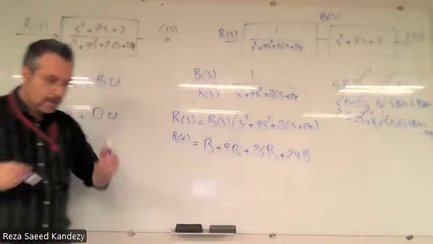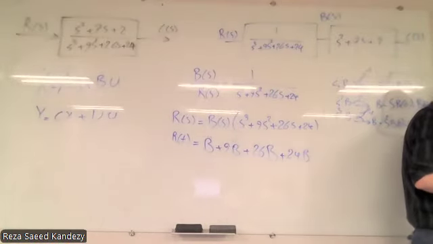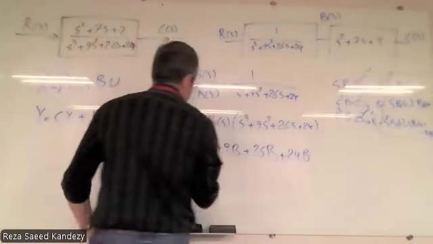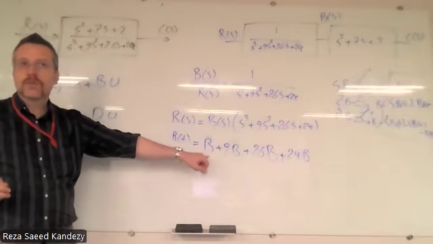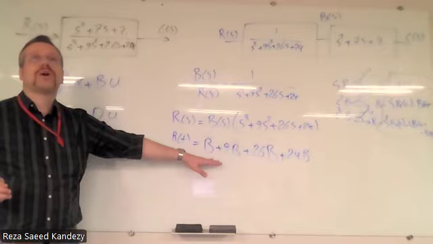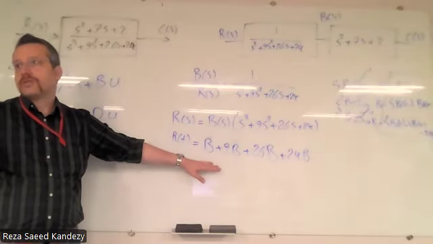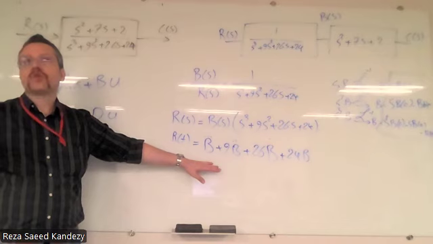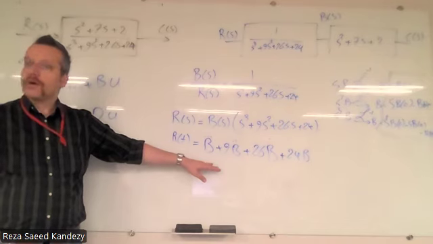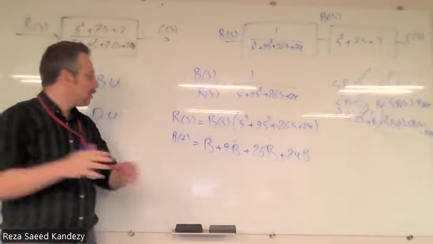Now again, if you remember our discussion about the state space, we said that when we have a third order differential equation, since we want to have three first-order differential equations to develop the state space, that means we need three linearly independent state variables.